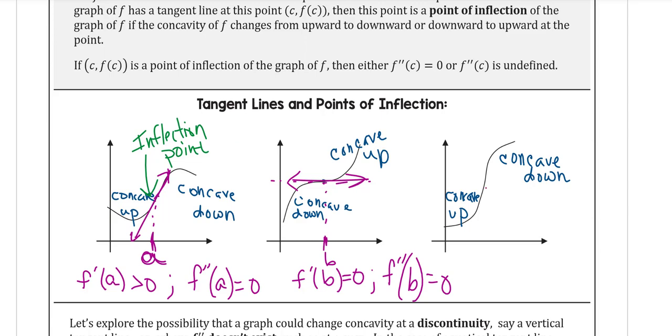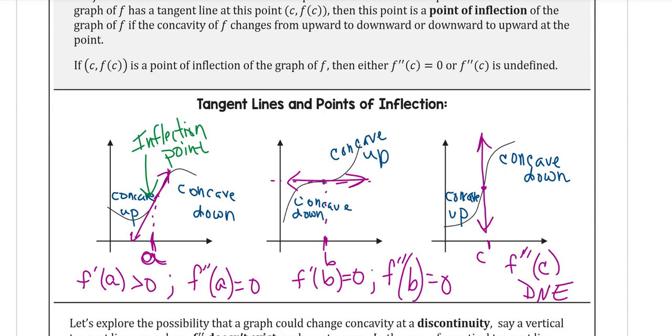So here, if I draw my tangent line, what I notice is that this is going to be vertical. I'll call this point c. The second derivative does not exist, and neither does the first derivative at that point.